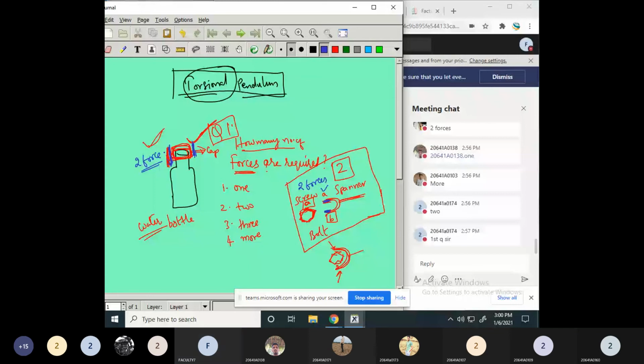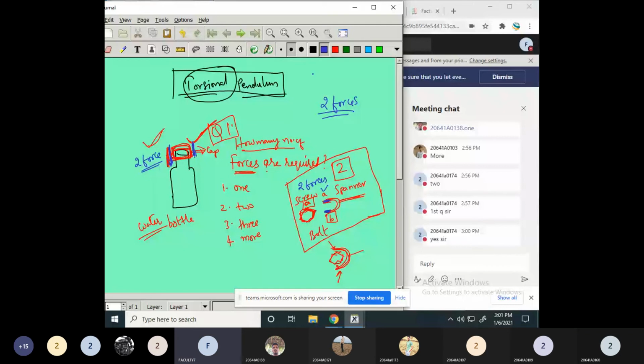The spanner applies 2 forces, and regarding the water bottle, we apply 2 forces at a time to remove the cap. 174 said yes.